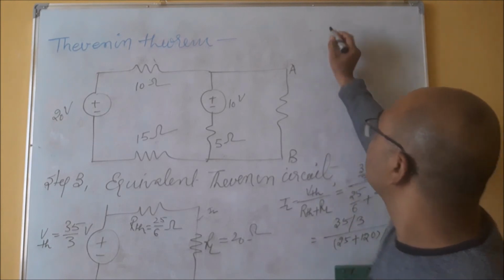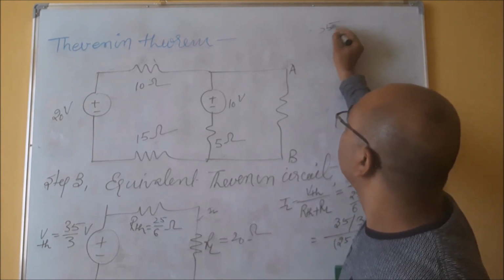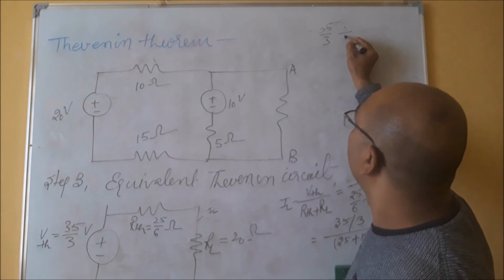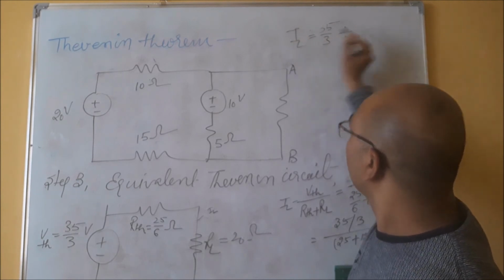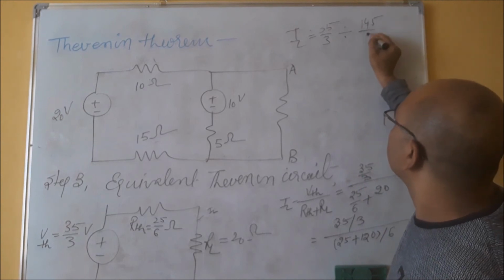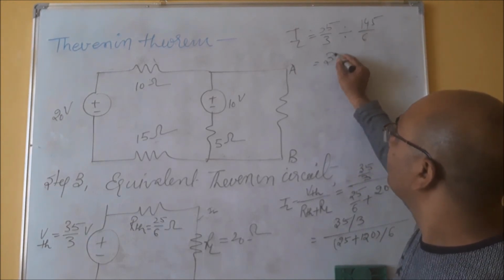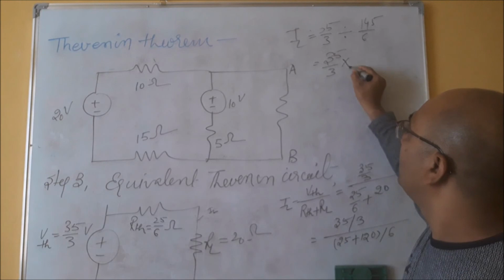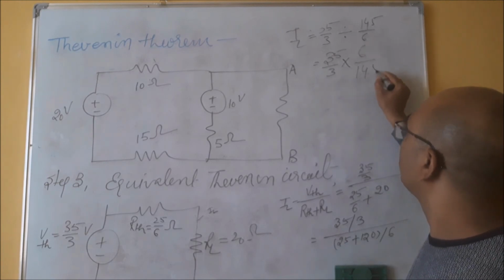So when you solve this, 35 upon 3 divided by 145 upon 6. So the next step, 35 upon 3 multiplied by 6 upon 145.